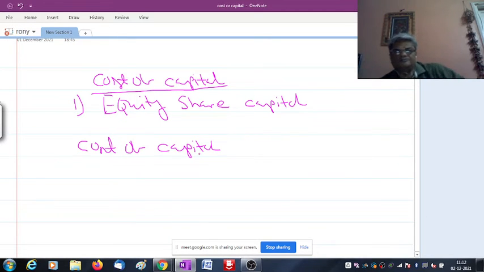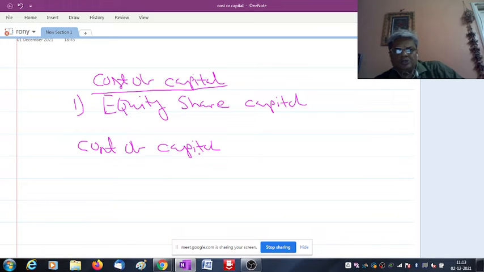Because you did your BCom, you know what cost of capital means. Your takeaway on this cost of capital? Sir, basically, cost of capital is the basic cost value of the equity share capital.